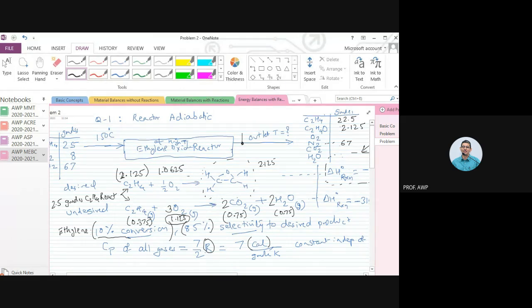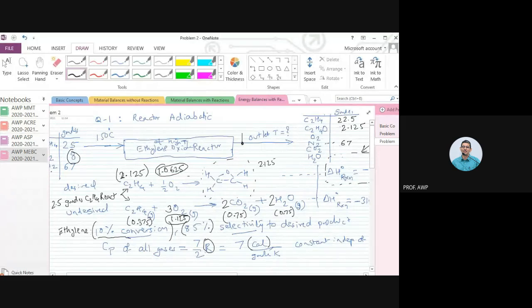So total oxygen reacted: 1.0625 through the first reaction, plus 1.125, 0.375 into 3 is 1.125. So 1.125 plus 1.0625, total amount of oxygen reacted 2.1875 out of this 8.